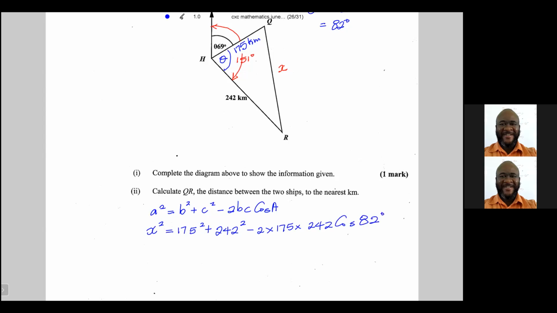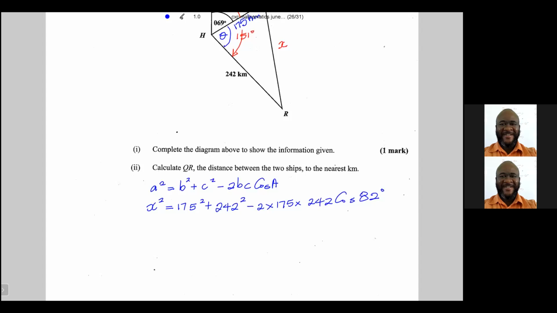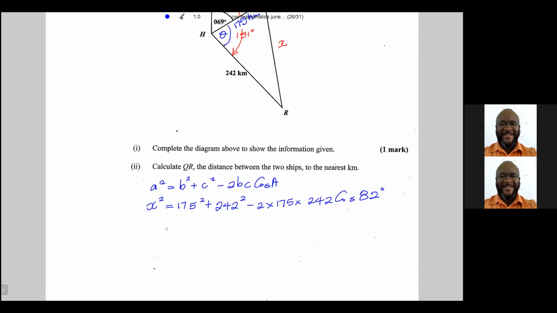So really, all I have to do is put that in my formula and see what it comes out to be. Or I could say that x would be equal to the square root of 175 squared plus 242 squared minus 2 times 175 times 242, the cosine of 82 degrees. I don't need to work out each part.